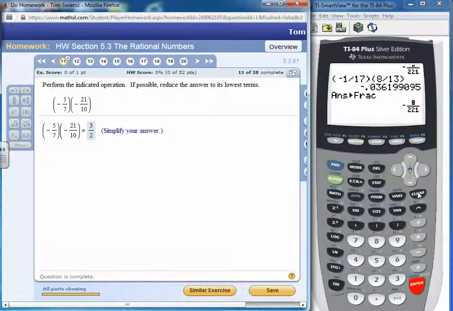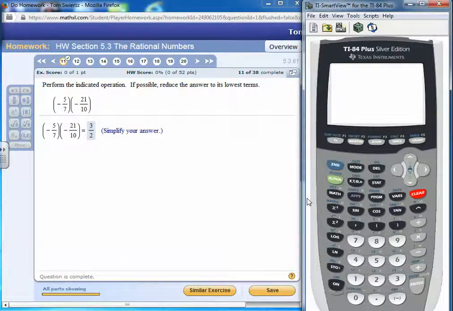All right, on the calculator, you can just go ahead and do division if you want, right? You can do a negative 5 divided by 7 to represent a fraction. There's our first fraction in parentheses, and then it's automatically going to multiply, so you don't have to put the multiplication symbol.